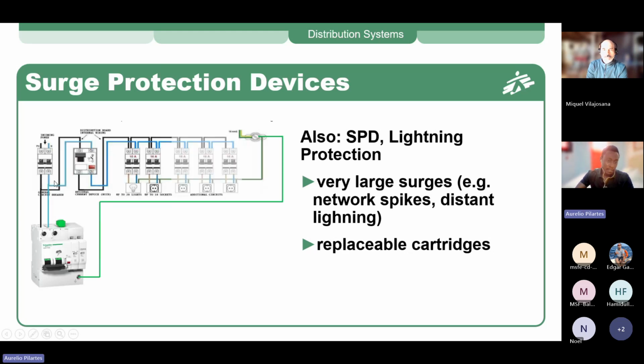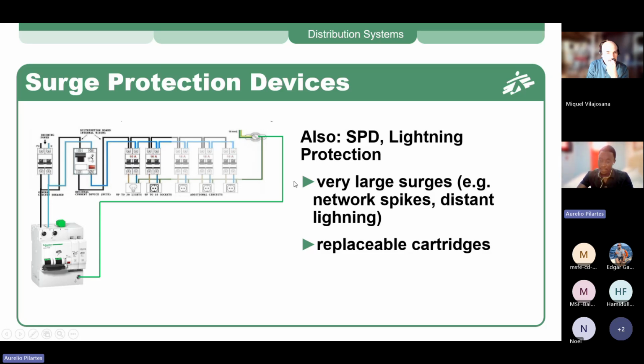And here's how we install the SPD in the system. This is the previous minimum protection single line diagram we saw, and this is how we should install the SPD. After the main circuit board, we put the SPD. It should be downstream of the main circuit breaker.